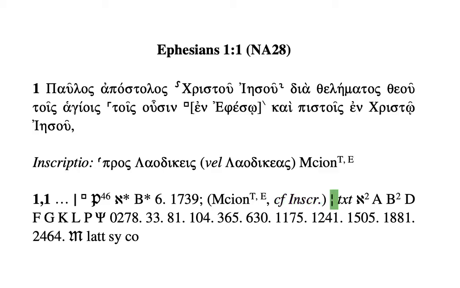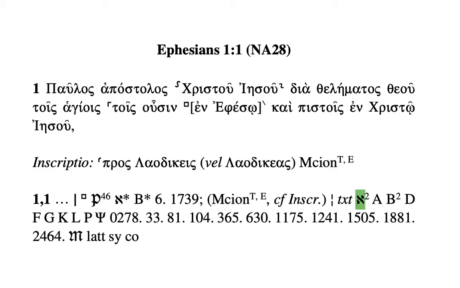The broken vertical line means we've stopped talking about the evidence for the omission of ἐν Ἐφέσῳ, and now we're going to discuss the evidence for what's printed in the text, txt. And so the evidence that supports the presence of ἐν Ἐφέσῳ is the corrected version of Codex Sinaiticus, or Aleph.